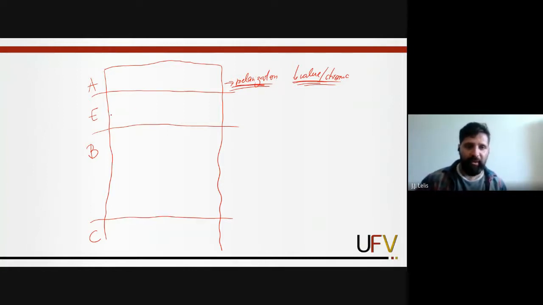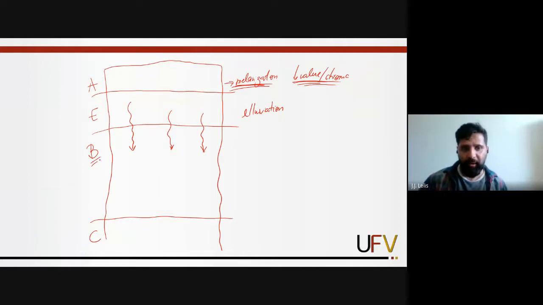We have the E horizon that's formed by eluviation, the migration of materials, of organic and inorganic materials from this horizon to another horizon.